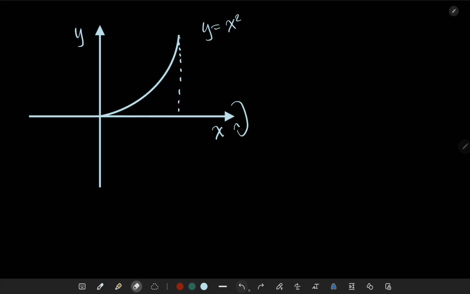So let's see what happens if, on the other hand, let's delete this. If on the other hand, we would rotate this around the y-axis. So let's grab that area here again, but now let's rotate it around here. What you would end up with, let me try to draw more or less the same curve over here.